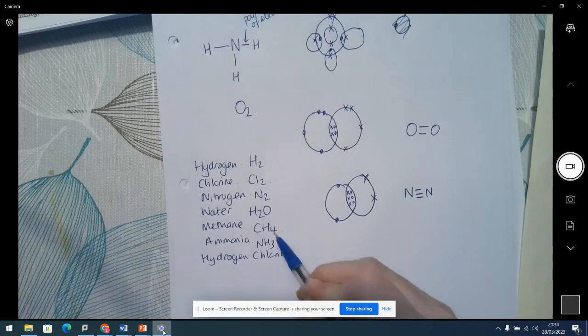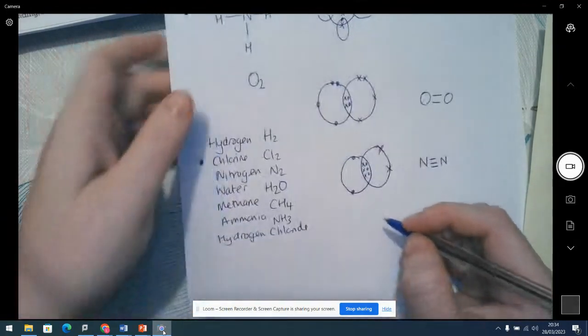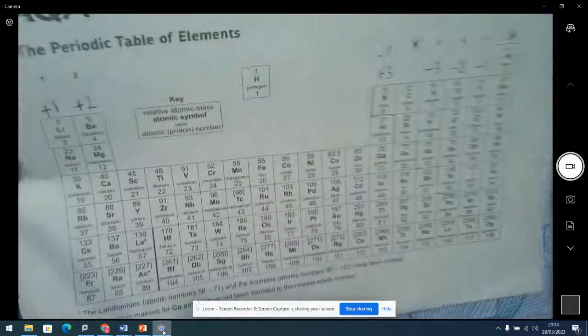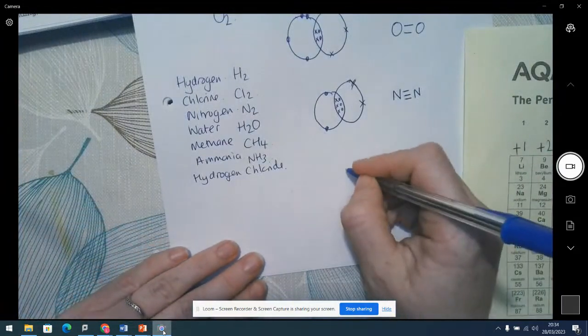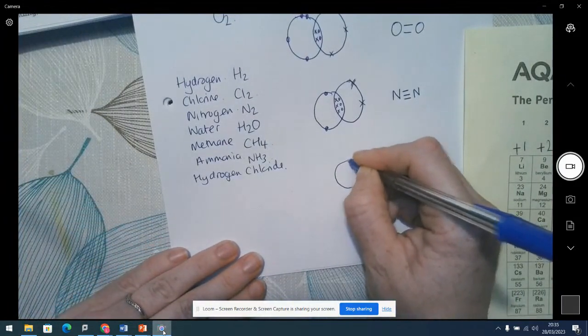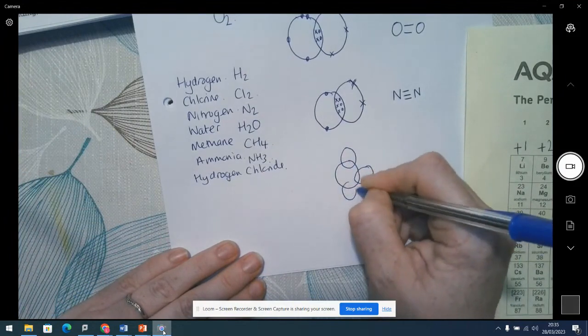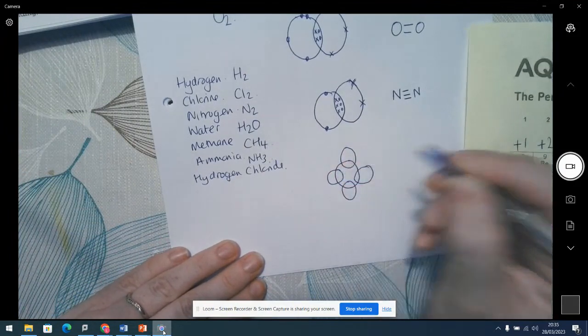Okay, I'll do methane with you now. So methane is made of carbon and hydrogen. So carbon is in group 4, which means it's got 4 electrons on its outer shell. So again, they will give you the structure and you need to be able to put the electrons in. So that's what I'm doing now.